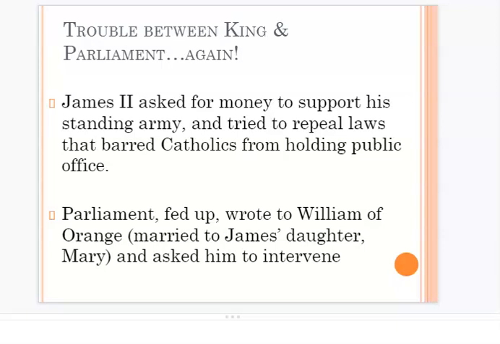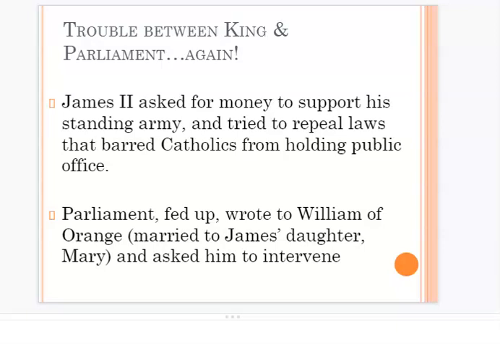James II also has money problems like Charles I. He wants money for an army that Parliament doesn't support. He's also, because remember he's Catholic, not obeying Parliament's laws. He's appointing Catholics to public office. But they're like, we just have to get through James and we'll get to Mary.